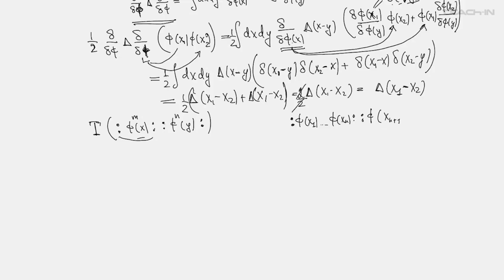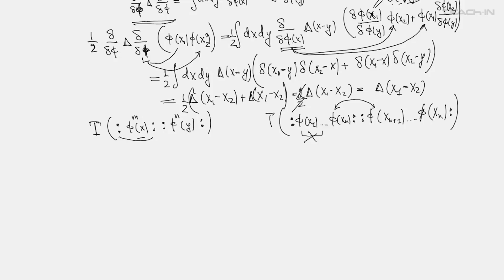When you are computing the T-ordered product of such partially normal ordered sets of fields, you don't need to take contractions between the fields which are under the sign of normal ordering. What you need to do is take only contractions between the groups which contain fields, and only these contractions should be taken into account.